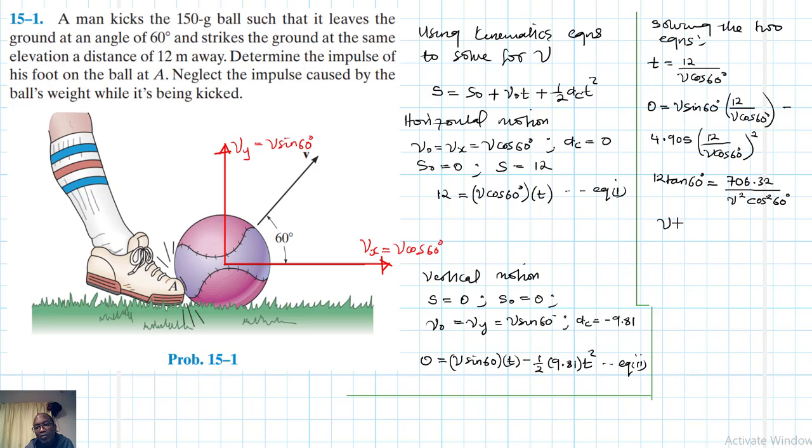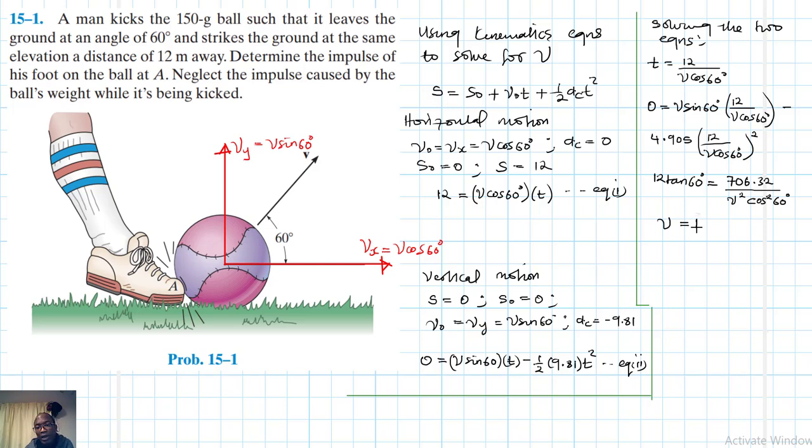And therefore our v is going to be equal to cos 16 squared times 12 tan 16, and then we have 706.32 divided by that, and then square root of that.